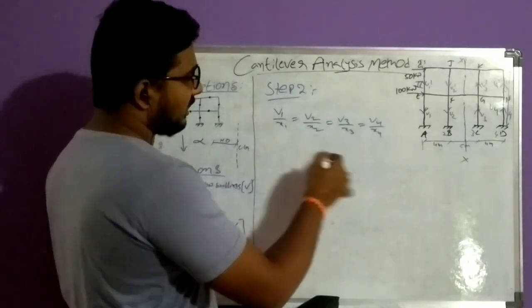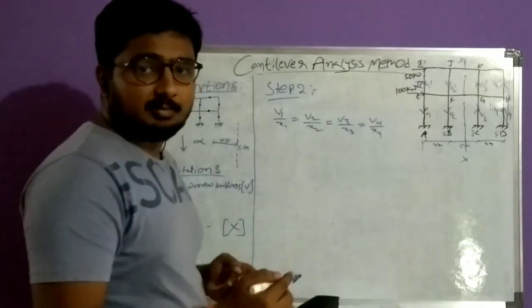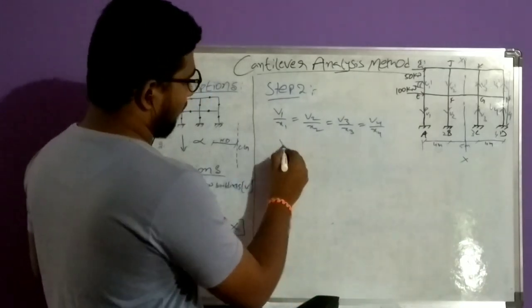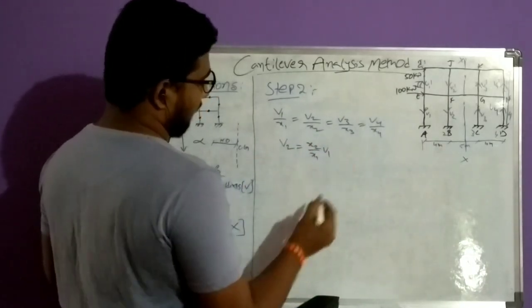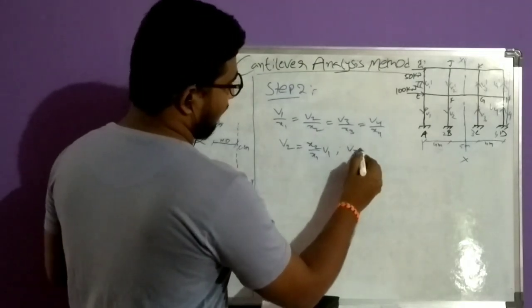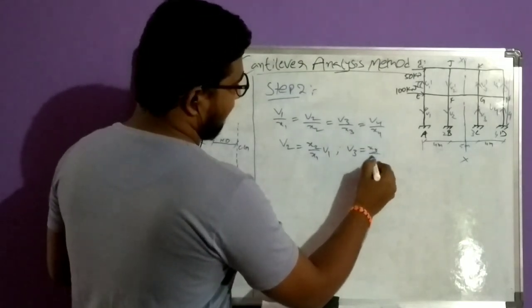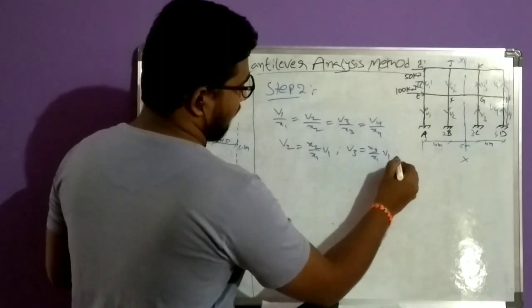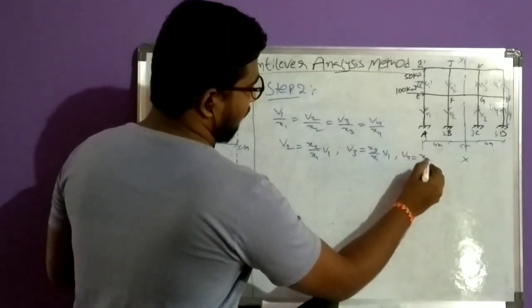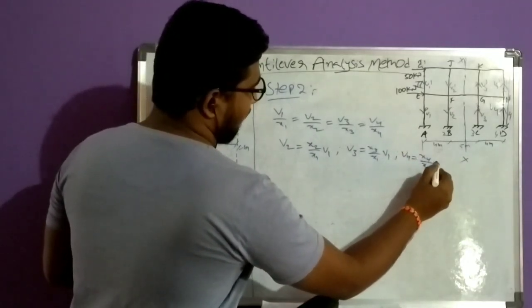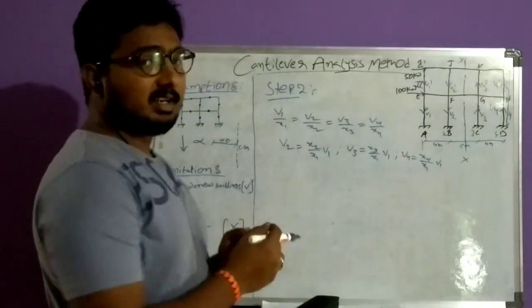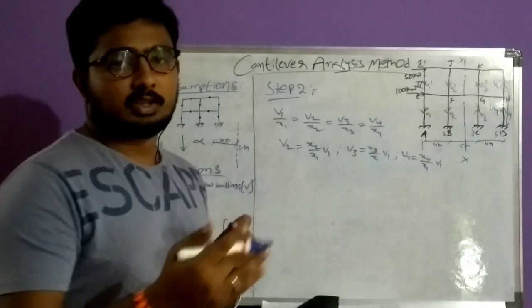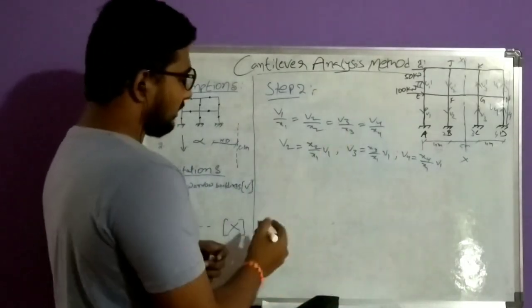So I am converting all the terms into a single term, which is nothing but V1. So V2 equal to x2 by x1 into V1, and V3 equal to x3 by x1 into V1, V4 equal to x4 by x1 into V1. So all terms are converted into V1. If we calculate V1, we will get V2, V3, V4 values also. So calculate the V1 value.